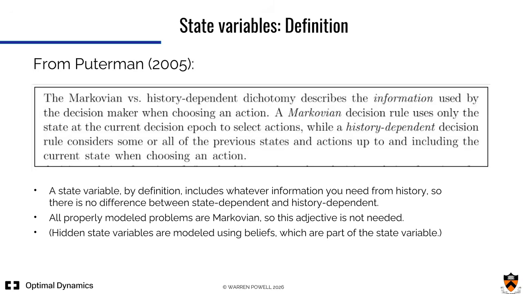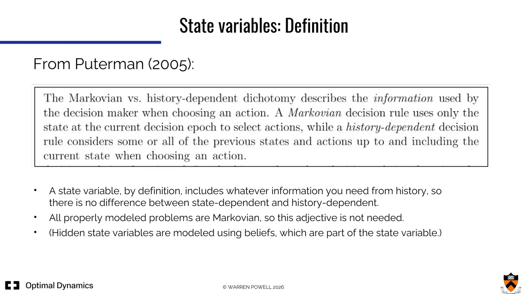A Markovian decision rule uses only the information state at the current decision epoch to select actions, while a history-dependent decision rule considers some or all of the previous states and actions, up to and including the current state, when choosing an action. I claim this demonstrates a fundamental misunderstanding of what a state variable is.